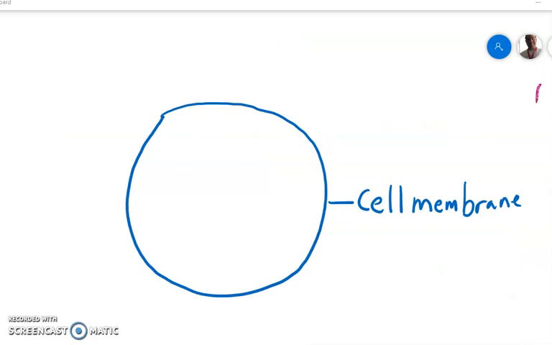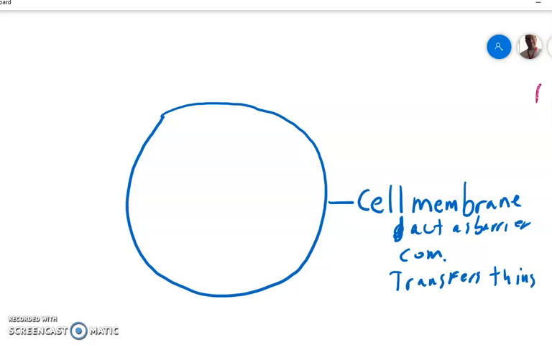The cell membrane is to act as a barrier, and it lets the cell communicate, and it transfers things in and out. So we'll look at the structure of that later.